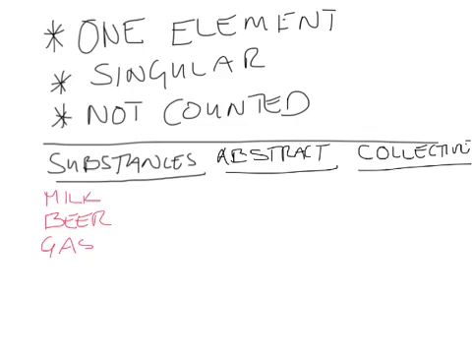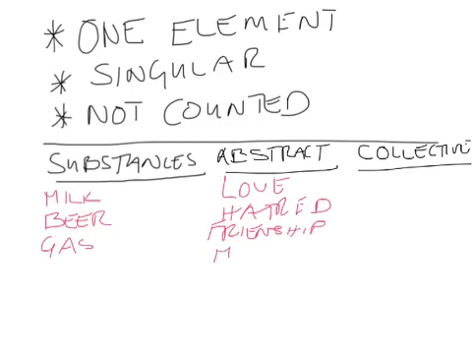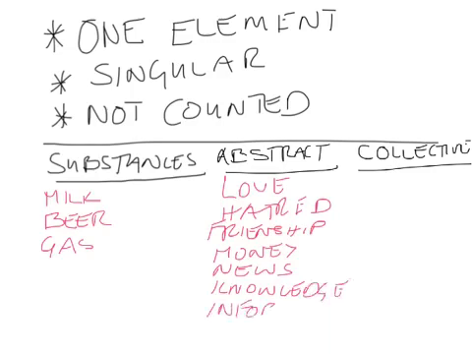Words such as love, hatred, friendship, when we talk about money, we talk about news, knowledge, information, etc. So the opposite of something abstract is something concrete, which is something we can really see or touch, and abstractions are not visible, or we can't touch them with our hands.